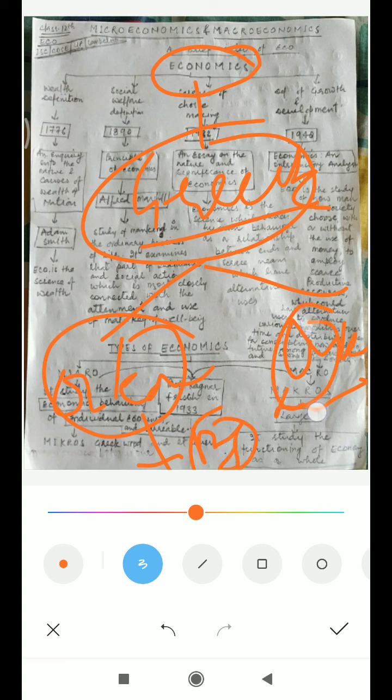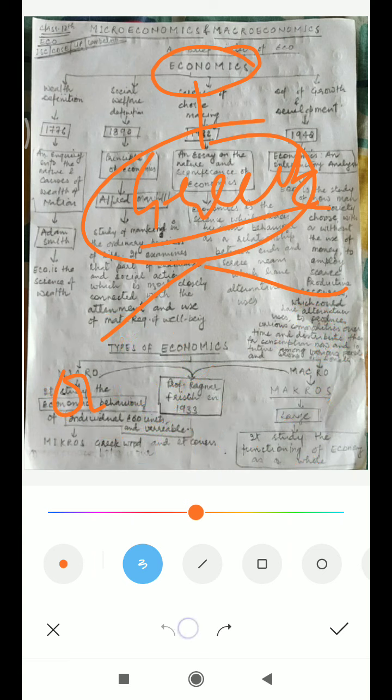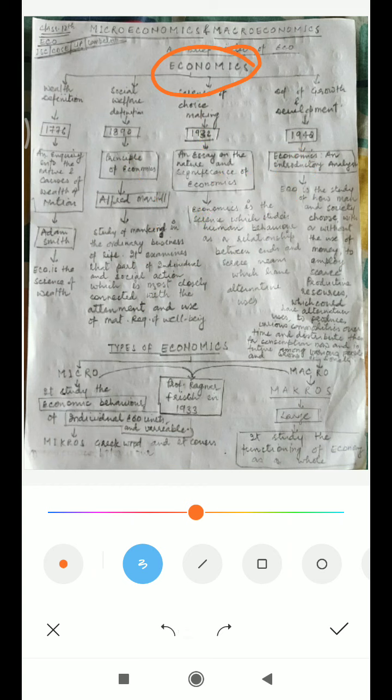It means management of household. Economics means management of household.